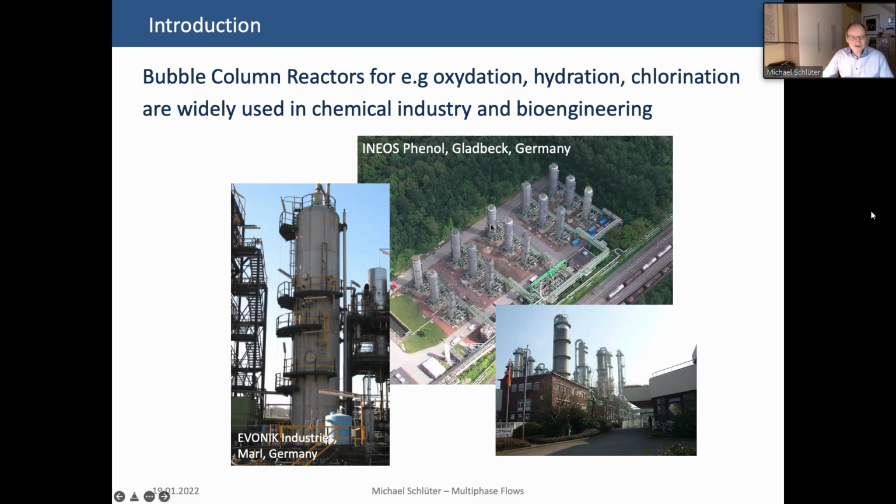Bubble columns are always tall, because we want to use the buoyancy-driven flow by the gas bubbles to get an efficient mixing in the systems, and therefore they are not short, of course, so we have an aspect ratio of around 5 to 7 for this kind of reactors. So 7 times the diameter is the height.